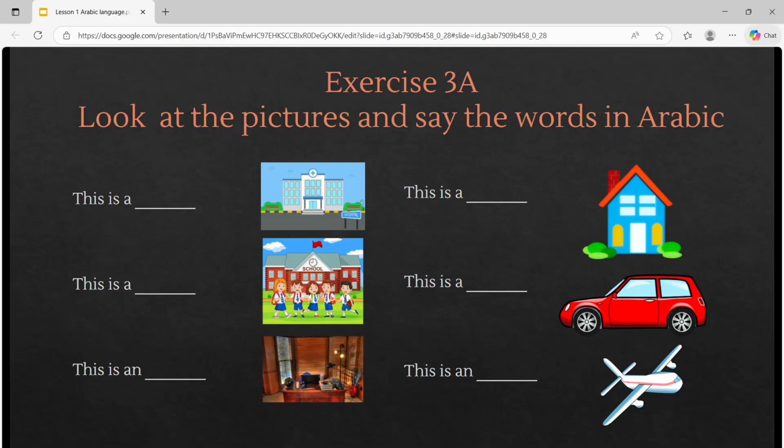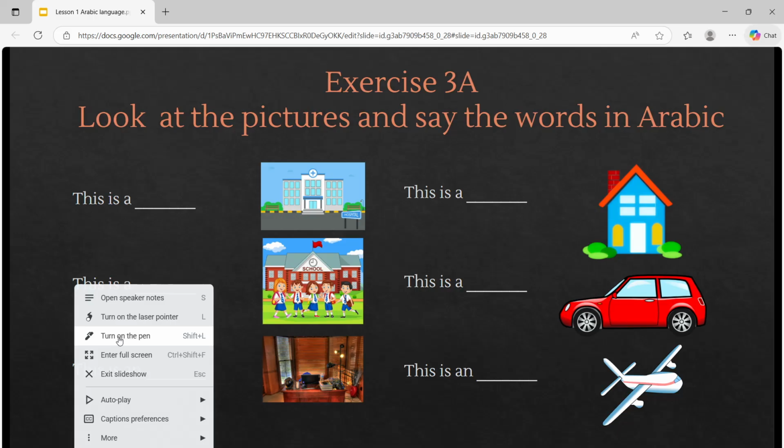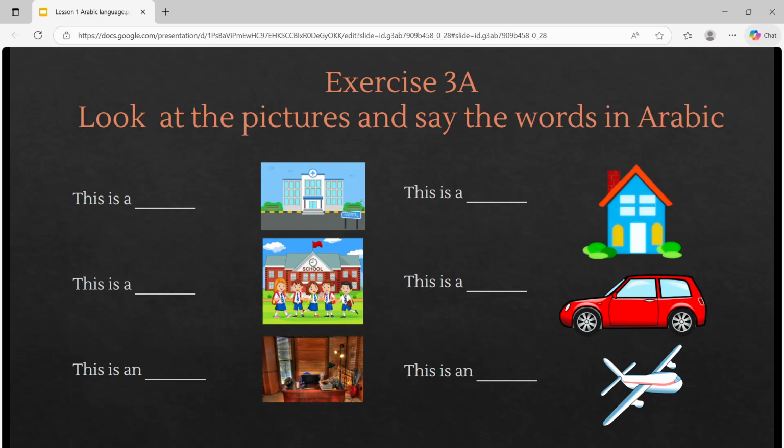Okay, again. These slides here, we're going to be looking at the pictures and say the words in Arabic, okay? So this is a, what do you think this is? It says a school here. So what's a school in Arabic? It means madrasa.